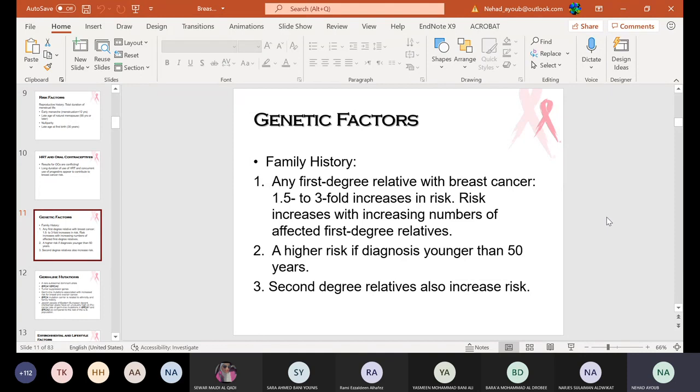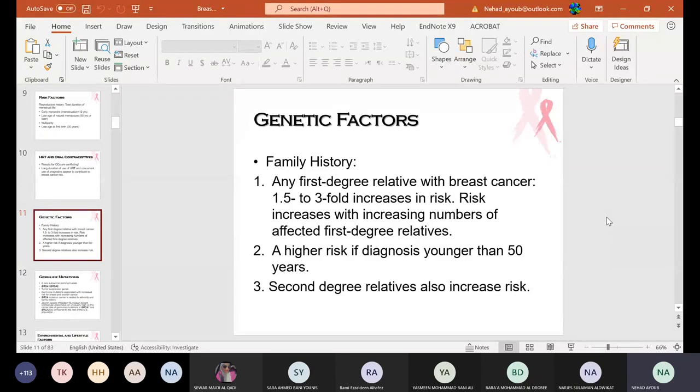Of course we are not saying that every patient who has a mother or a sister with breast cancer will get it, but her risk is higher than her peers of the same age and in the same settings without a family history of the disease. So family history of first degree or second degree increases the risk. Of course the fold increase is higher if the family member is first degree, not second degree.